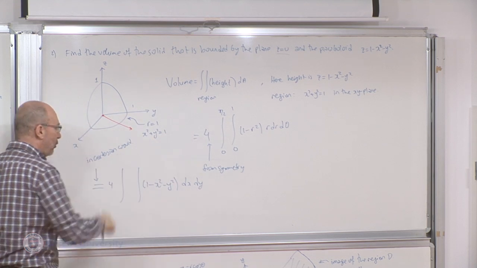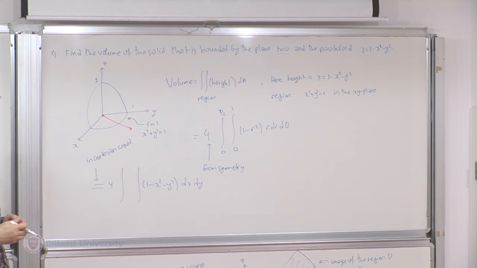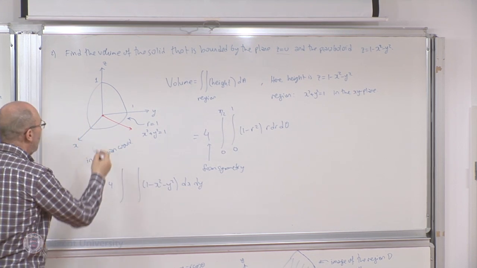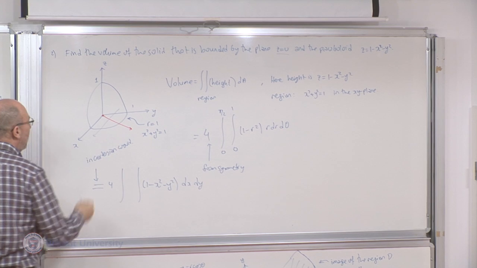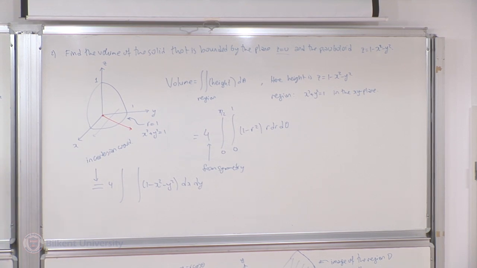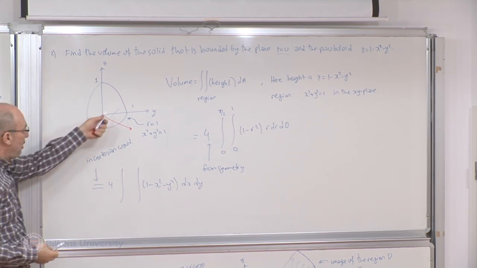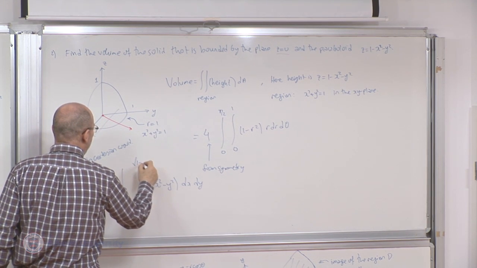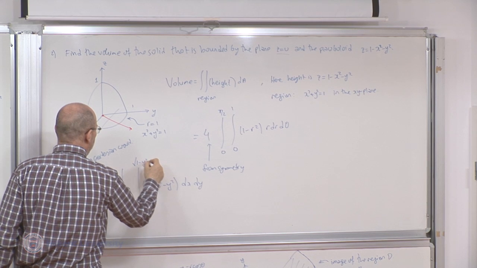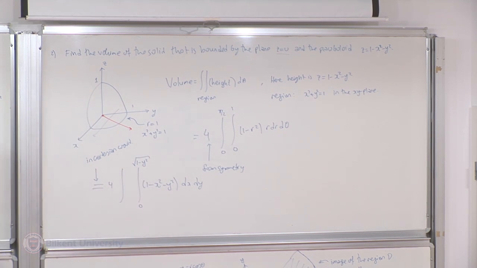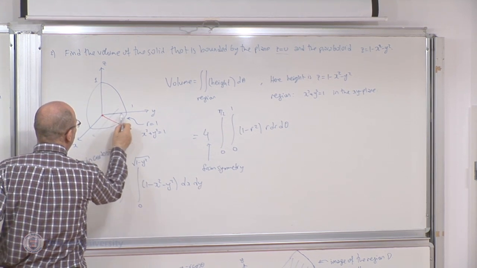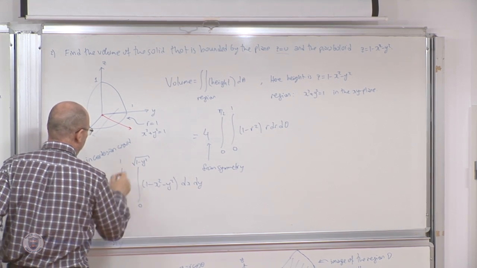So here, observe that I'm using r squared equals 1. I'm integrating with respect to x first. If I consider an arrow parallel to the x-axis, it enters the region when x is equal to 0 and leaves the region at the square root of 1 minus y squared. This is valid when the tip of the arrow moves from here to here, so from 0 to 1.